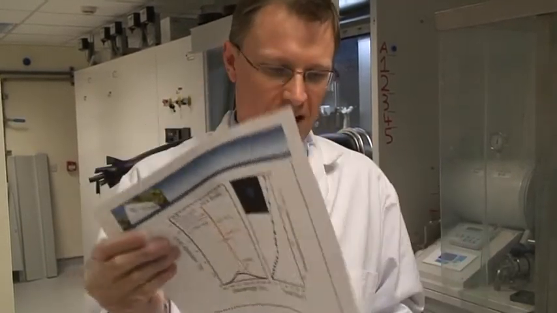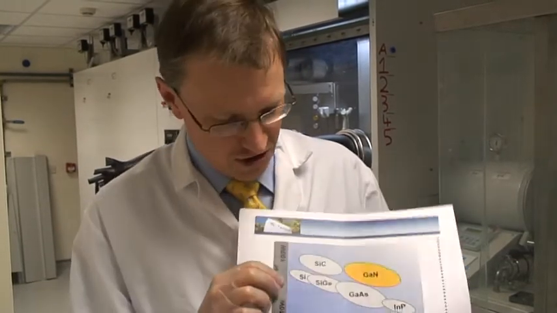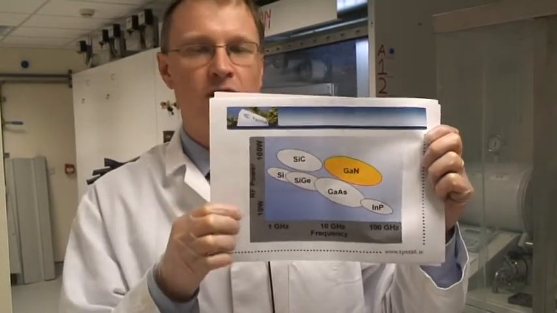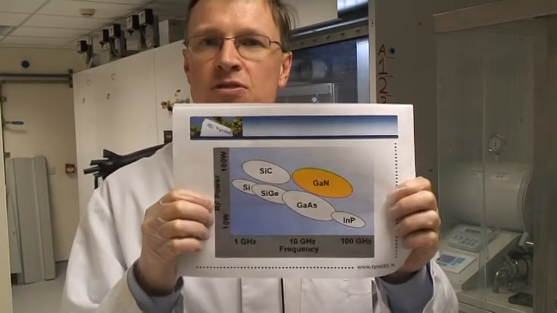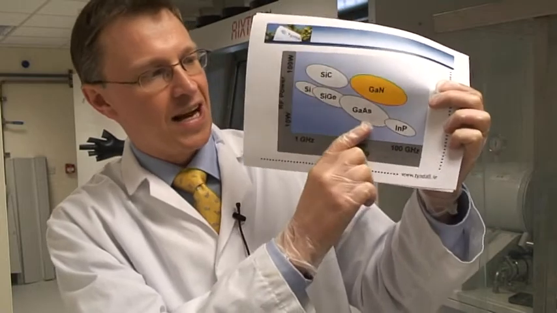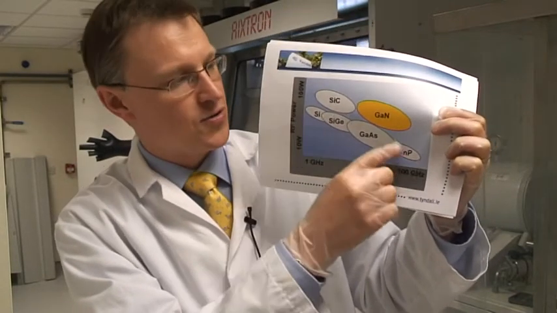Another application of gallium nitride is for the use in electronic devices. If you look at this chart, this shows the power of a transistor, or the power density a transistor can hold in a sense, against the frequency of operation. As you can see, silicon germanium, gallium arsenide and indium phosphide all form a line beyond which it is difficult to exceed.